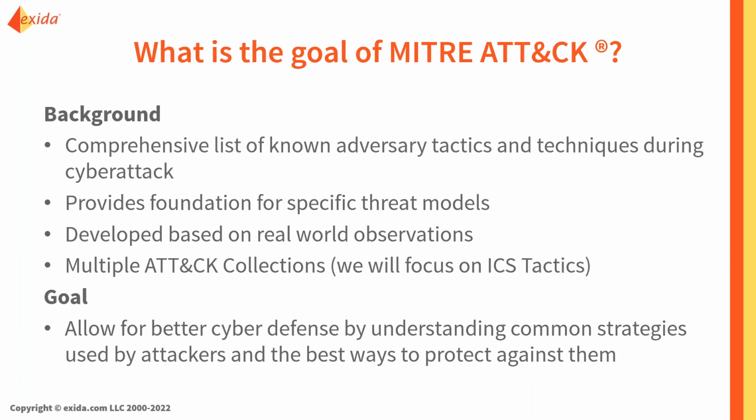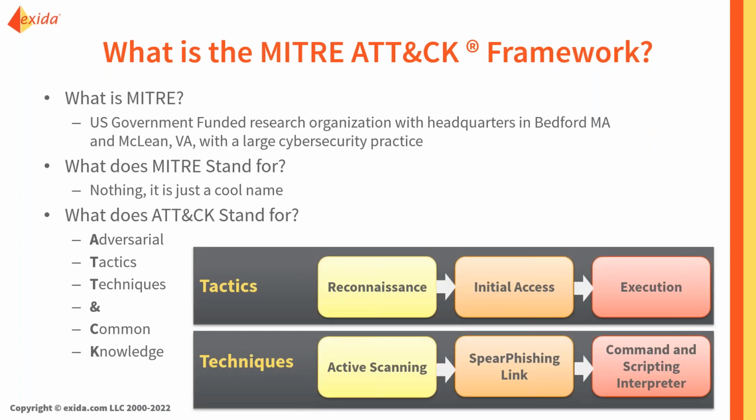The next T, for techniques, is then our method, or our how, for the adversaries and how they go through and complete each of those tactics. Each tactic will have multiple techniques within it. An example of a way to complete reconnaissance may be active scanning, trying to see if there are any internet exposed endpoints out there.